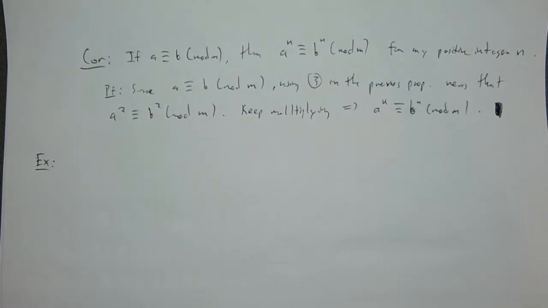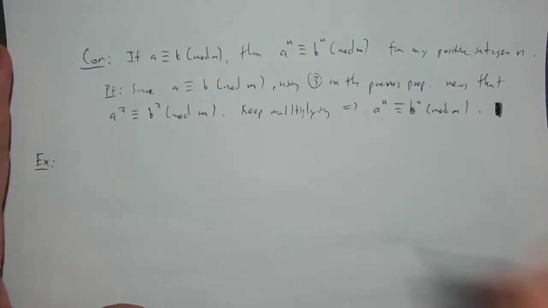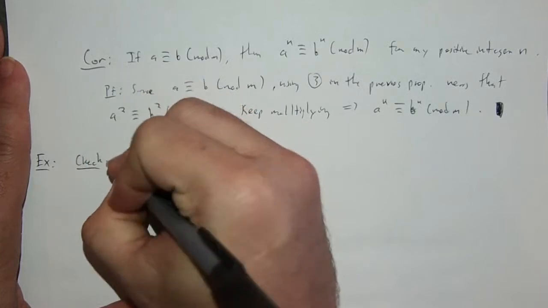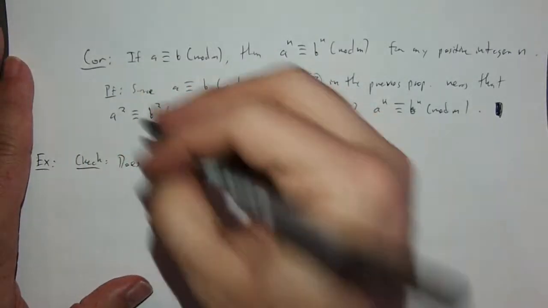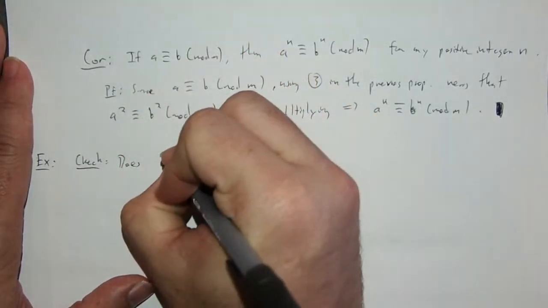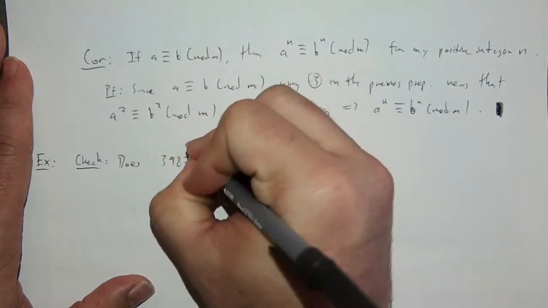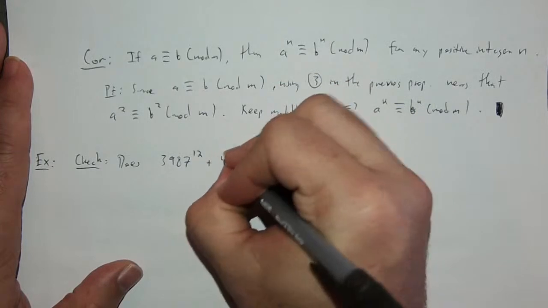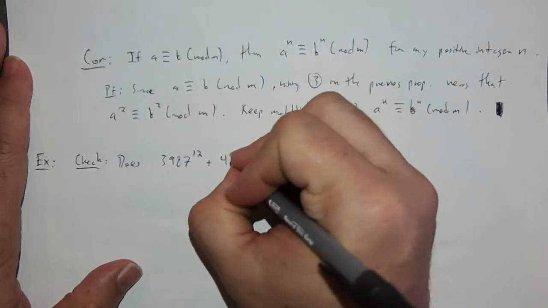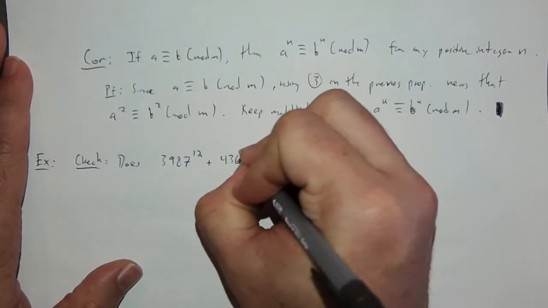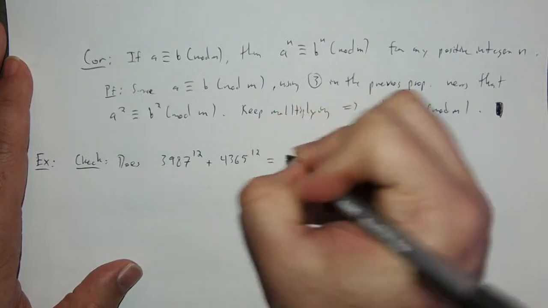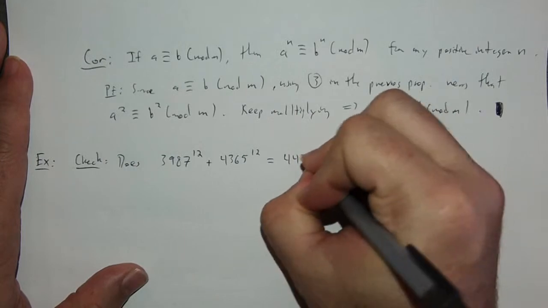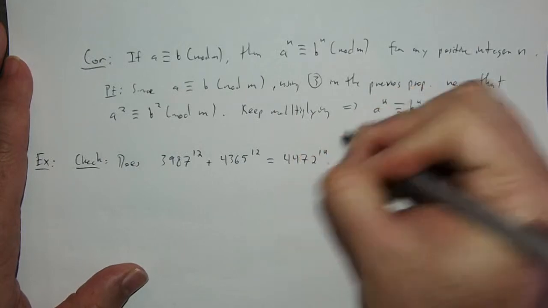So it's the following. Check does 3,987 to the 12 plus 4,365 to the 12 equal 4,472 to the 12.